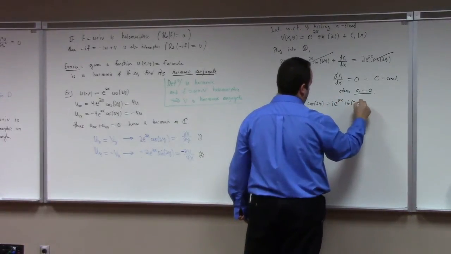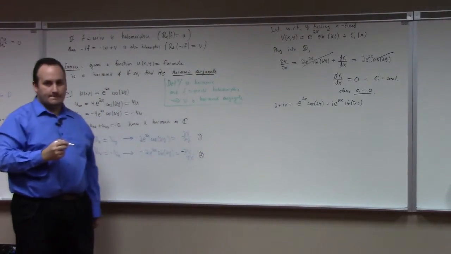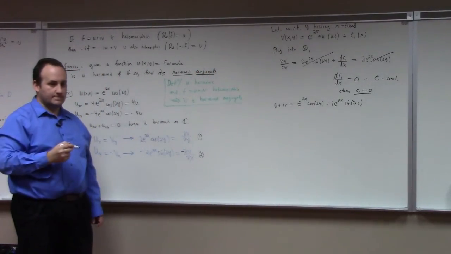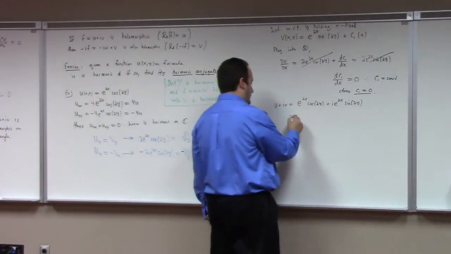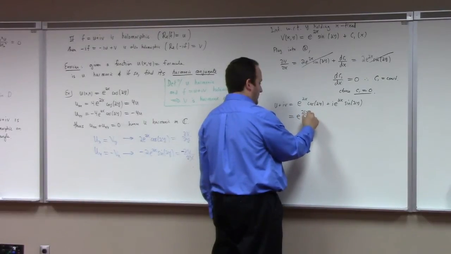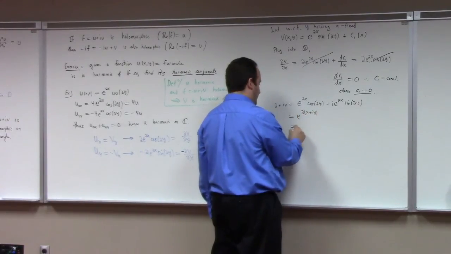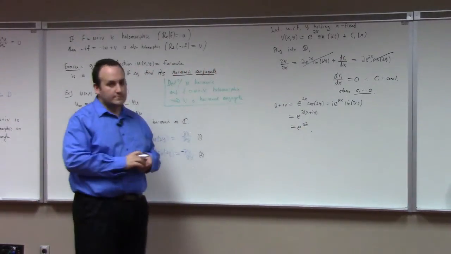Can you recognize what this is? This is e to the 2 times x plus iy. This is e to the 2z.